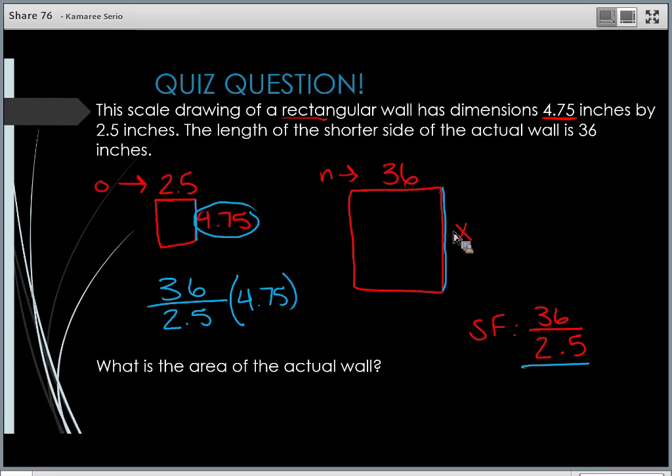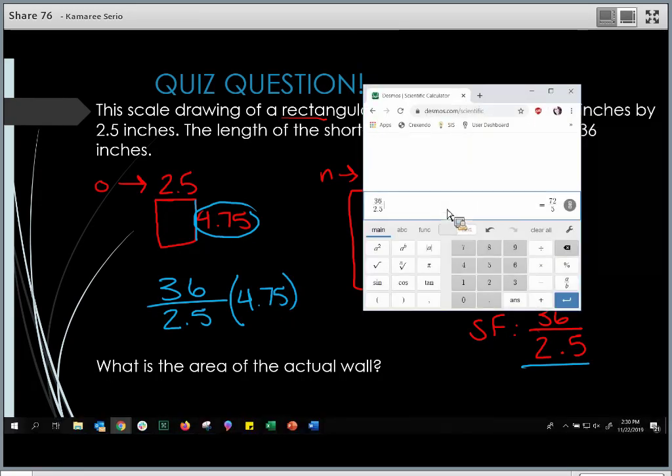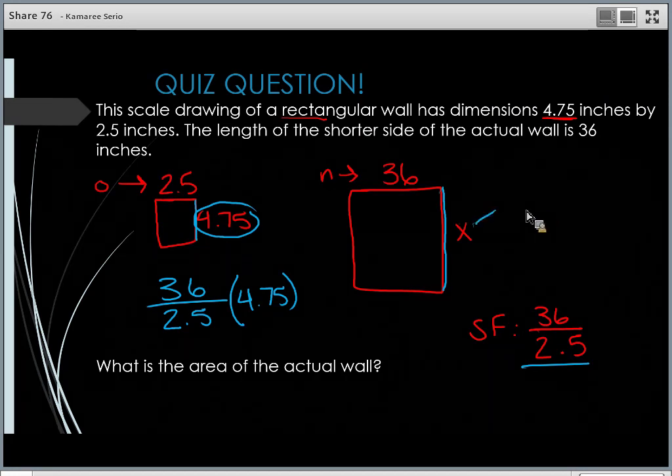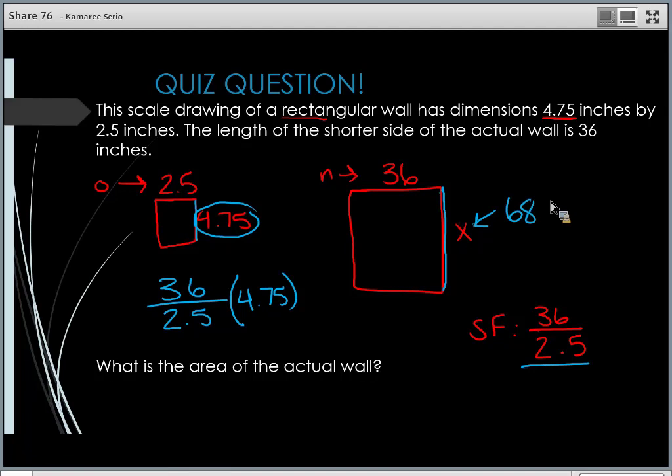Then bring back our calculator, and this would be multiplied by 4.75, which tells me that it is 68.4. So this x over here is going to be 68.4.